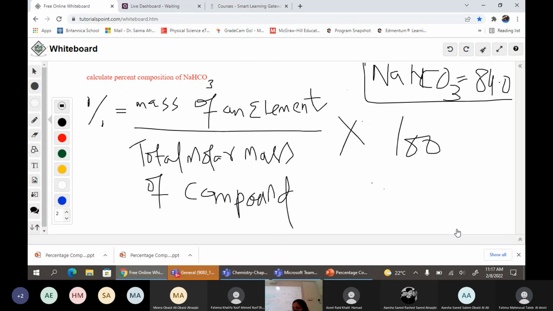For carbon, 14.28. Now calculate last for oxygen. 57, yes. And if you add them all together, you will see the total percent will be 100 because the whole compound has 4 ingredients with these percentages.